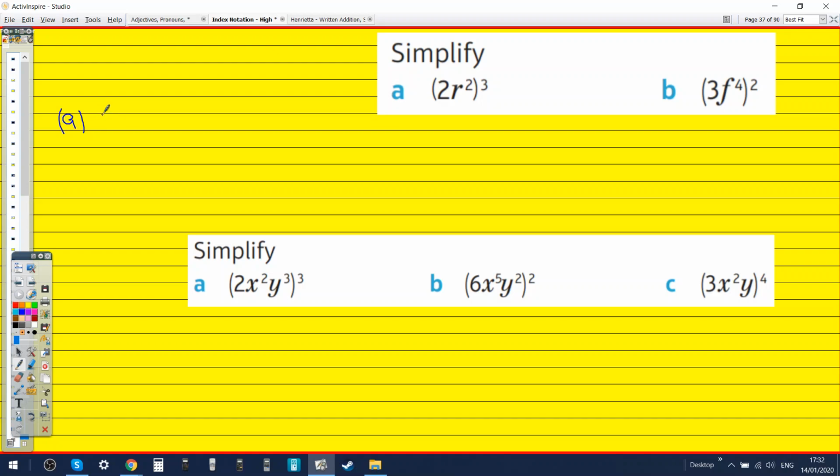Is it R? So it's 2 squared is 4. And this is 2 cubed. 2 cubed is 8. Yeah. And then R, and then it's R 6.